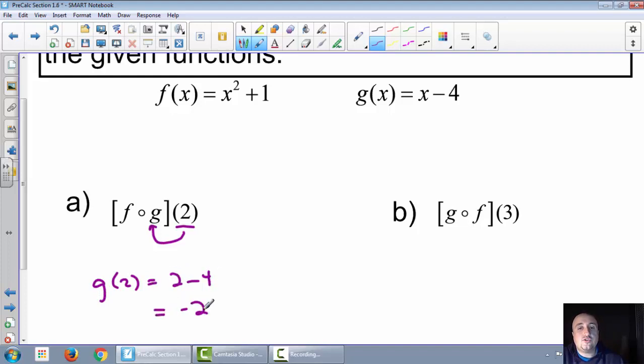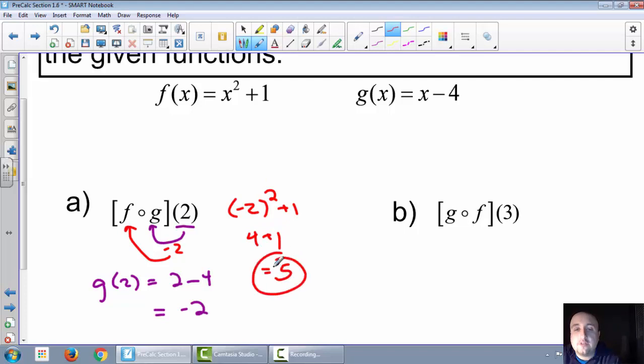That's equal to negative 2. So for this problem right here, I got an answer of negative 2. Now that answer is going to go into the next one, which is f. So I'm going to plug negative 2 into my f function. So negative 2 squared plus 1. Negative 2 squared is 4 plus 1, which is equal to 5. Okay, hopefully that makes sense.